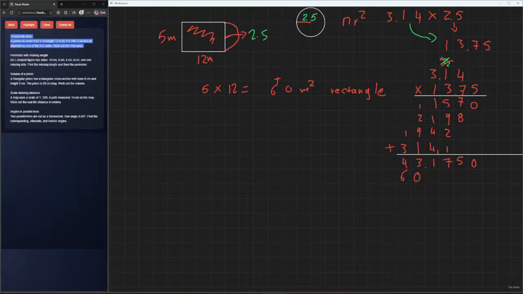So I'm gonna do the 60 here. So I'm just gonna draw a line for you guys to see. Now this has been here. 5, 7, 1, 10. 103.1750 meters squared.